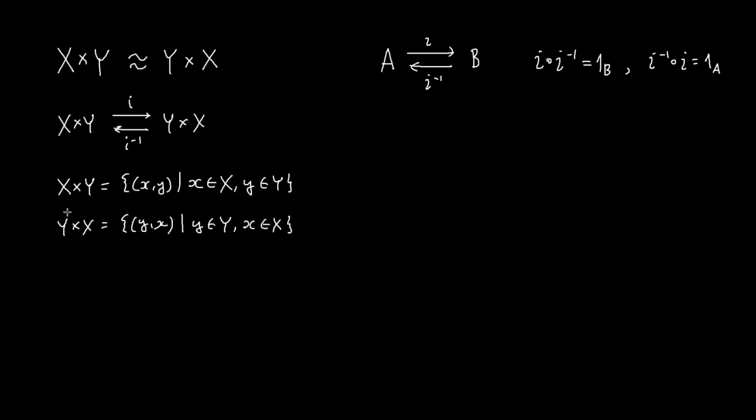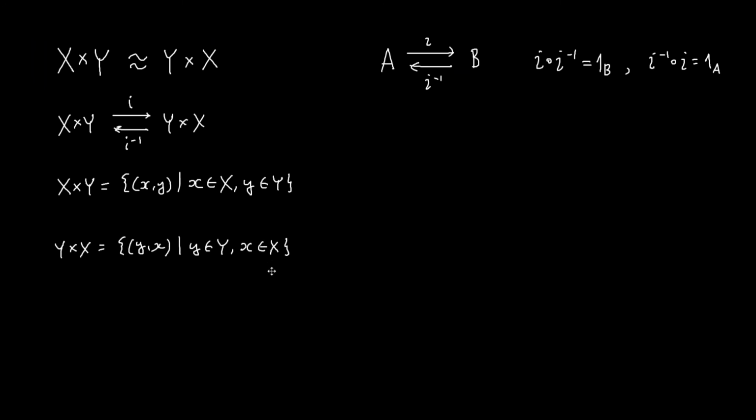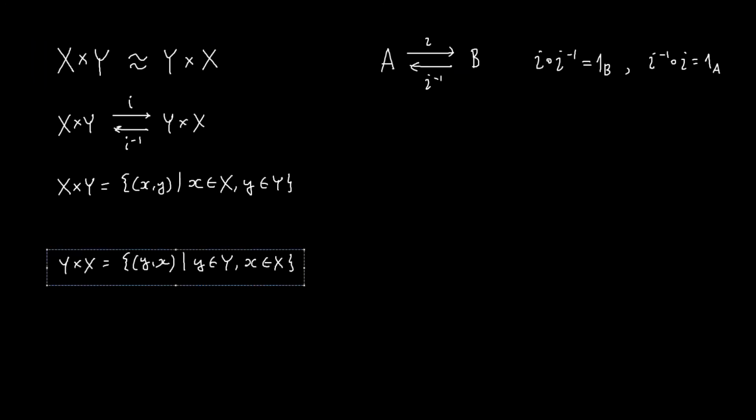And now if I'm looking for an isomorphism between them, which is the same as a bijection between these two sets, isomorphism in the category of sets is the same as a bijection, right? So to specify a map I and an I inverse, I need to specify what happens to these ordered pairs. I will go this way and I inverse will go backwards there.